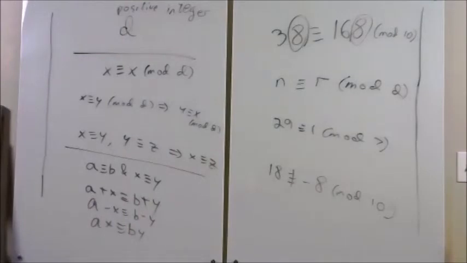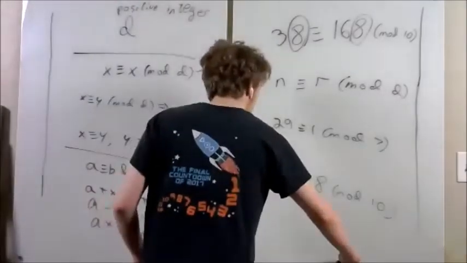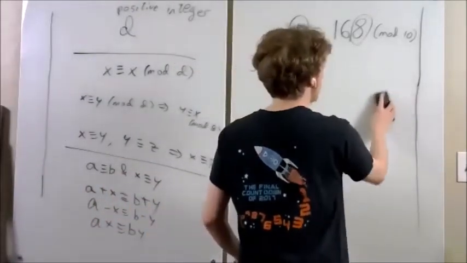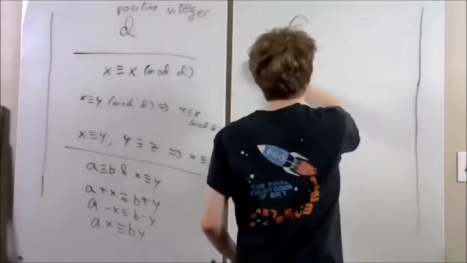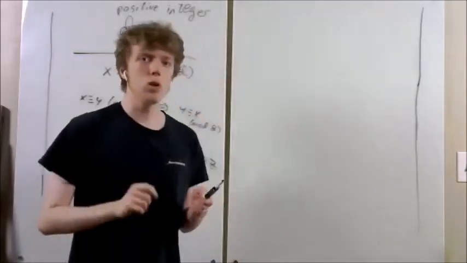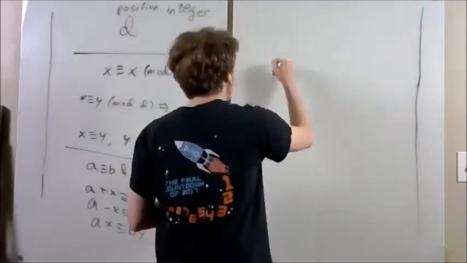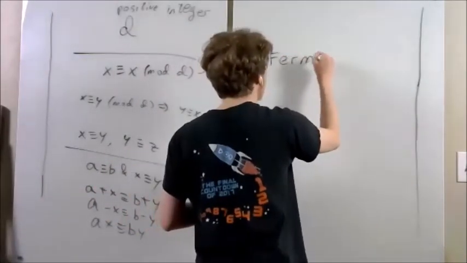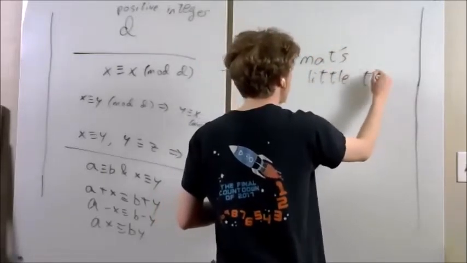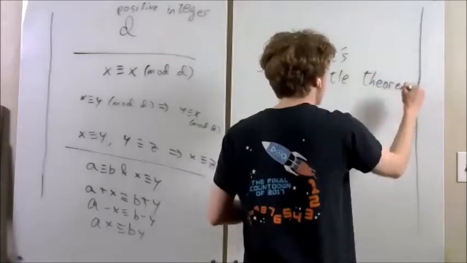I don't have much time, so I'm going to skip over these, but you should definitely look them up on your own time. Look up Fermat's little theorem, also known as just Fermat's theorem.